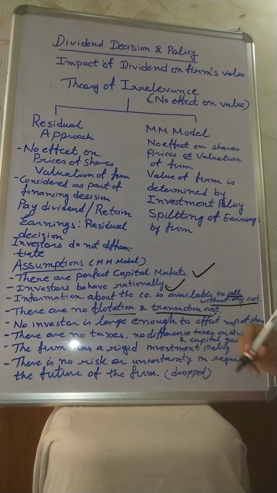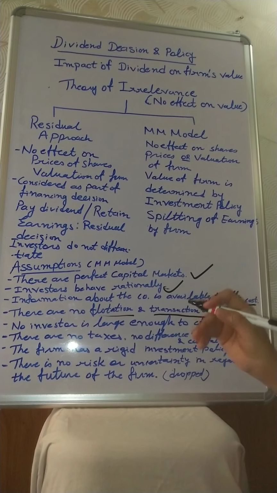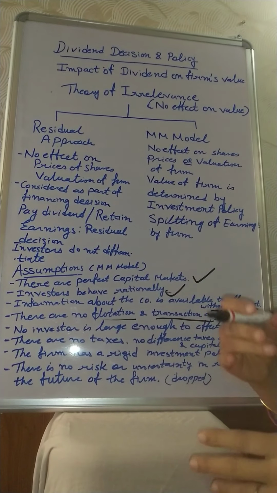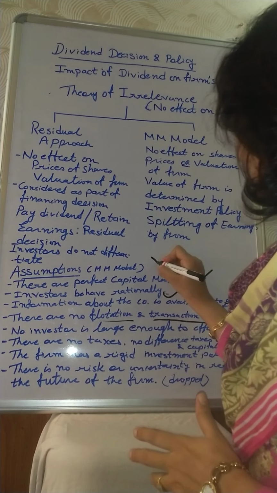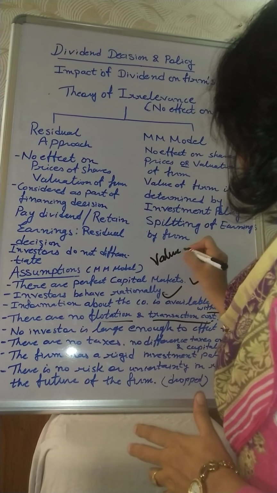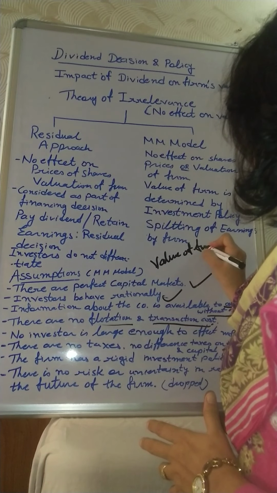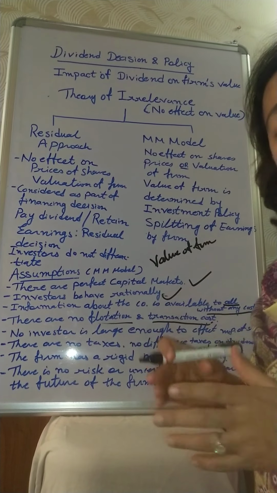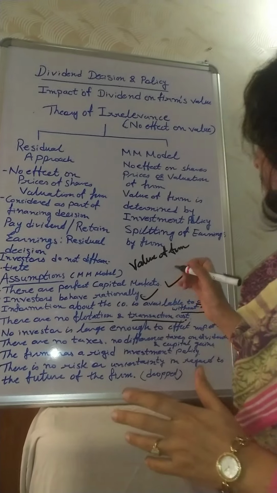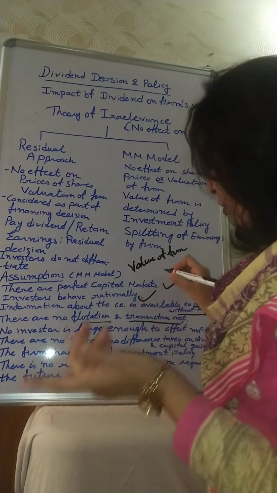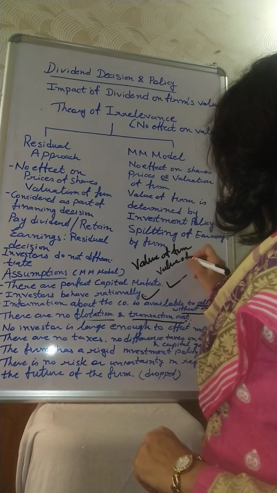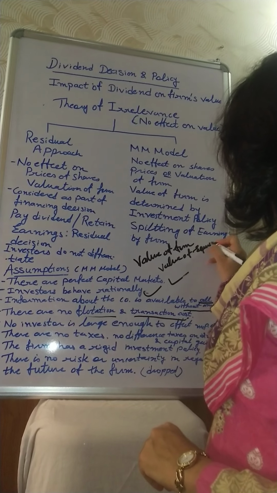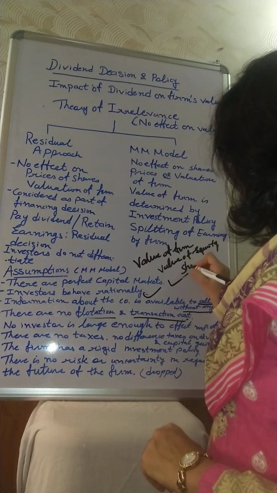Now let's see what is the argument in favor of this MM model. As per this MM model, whatever the increase in value of the firm will be exactly offset through the decline or increase in the value of equity share prices.